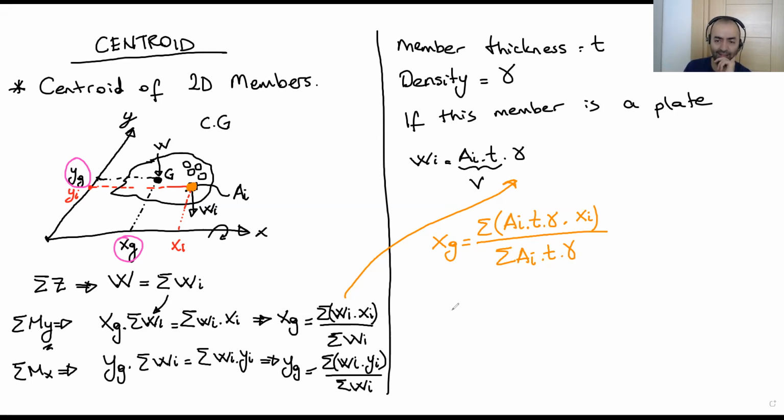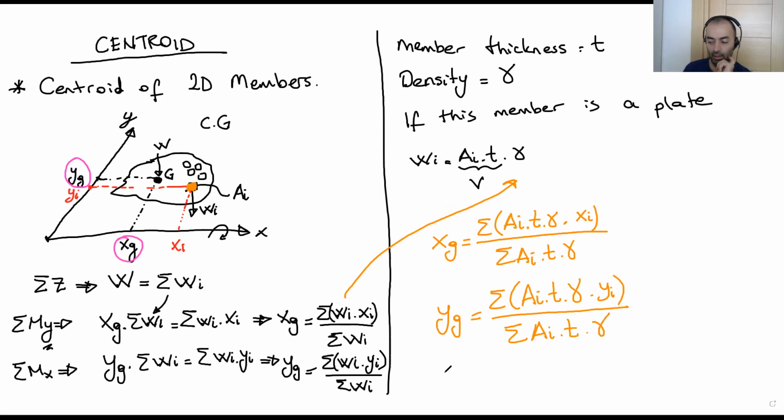Now, by the way, let's write this same equation for the YG: total AI T over AI T gamma.